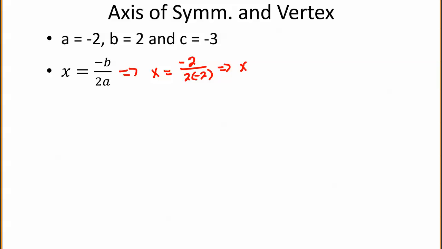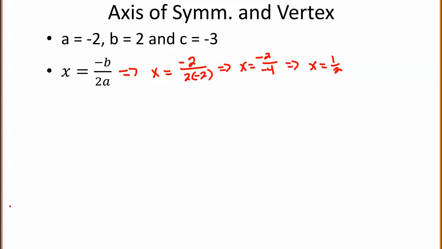And that gives us x equals negative 2 over negative 4. And that gives us an x coordinate for our vertex of 1/2. Now the line x equals 1/2 is also your axis of symmetry, so that serves two purposes. That's your axis of symmetry if we draw that vertical line, and that's also the x coordinate for our vertex.